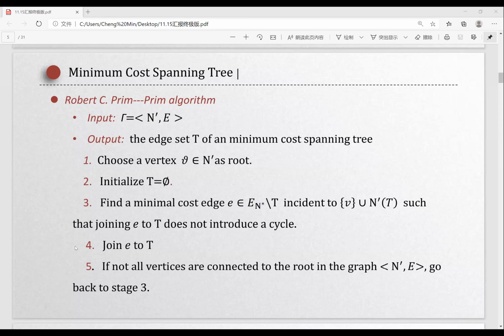Prim then proved that any tree resulting from the algorithm is a minimal cost spanning tree. Note that by varying between the possible edges in step 3, this algorithm can construct all minimal cost spanning trees of this minimal cost spanning tree problem.